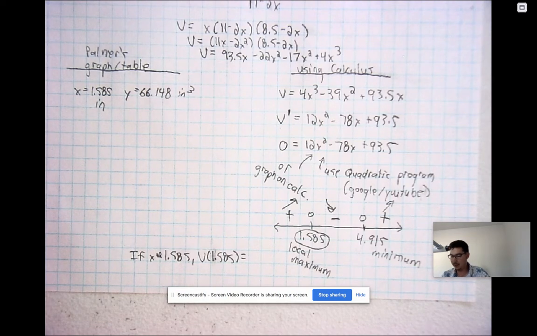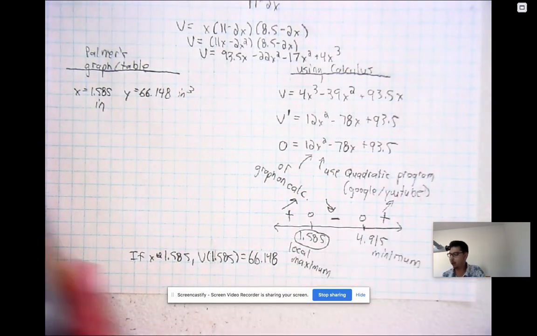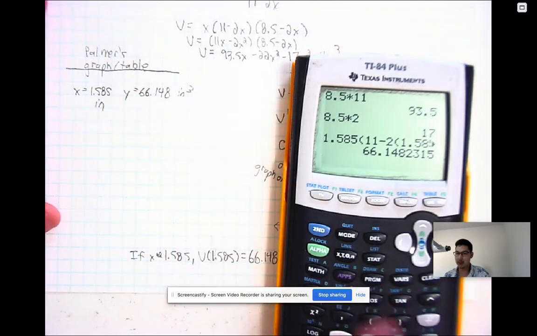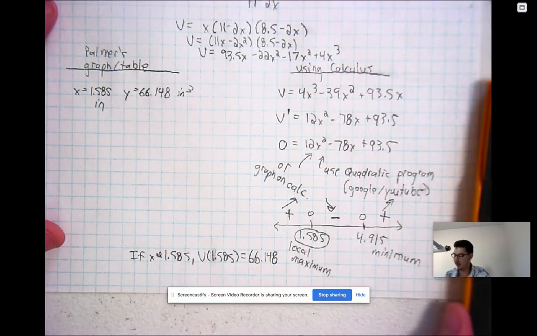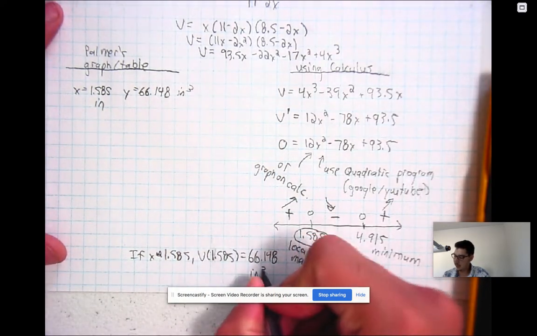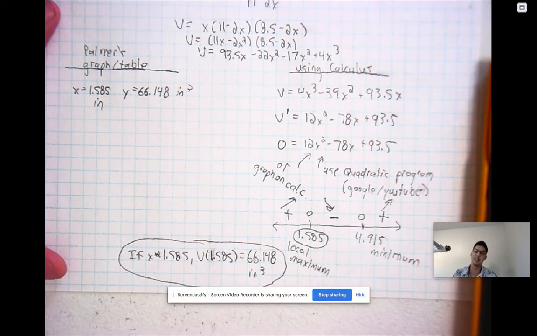And what we get is 66.148, which, just to show you, is the same thing we got from the graph and table before. And that is using calculus to find the maximum.